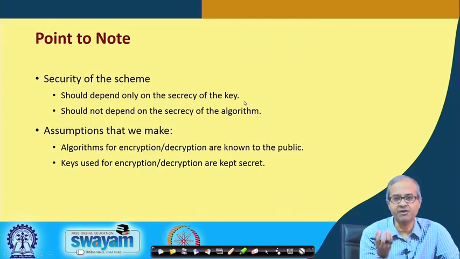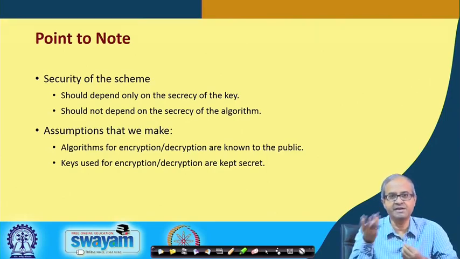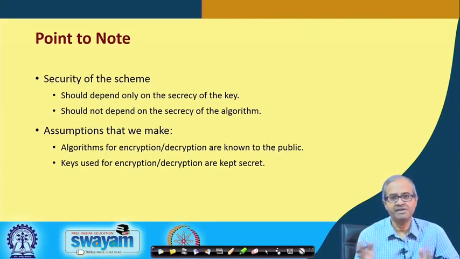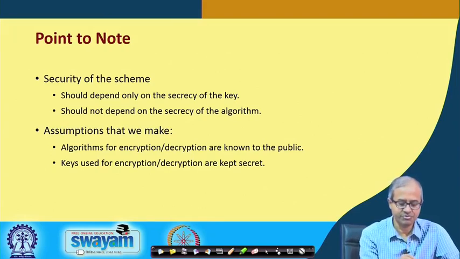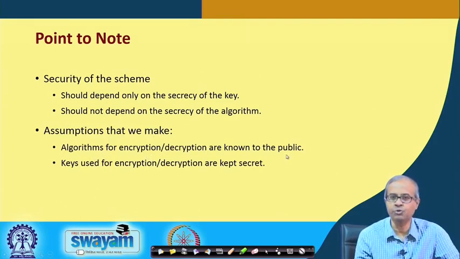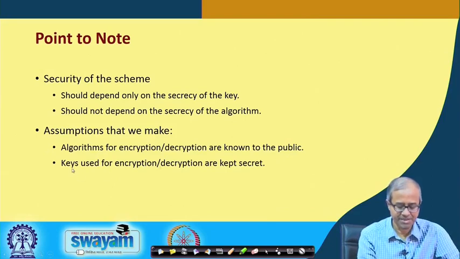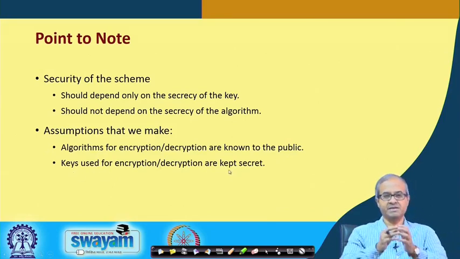As long as the key k is only maintained by the sender and receiver, our communication will be very secure. This is the understanding. So, it should not depend on the secrecy of the algorithm. The assumptions in this regard are that the algorithms, encryption, decryption, whatever we talk about, are known to the public, but the keys are kept secret.